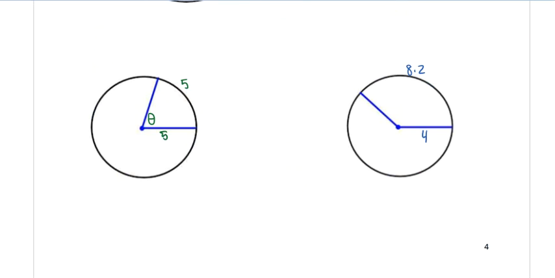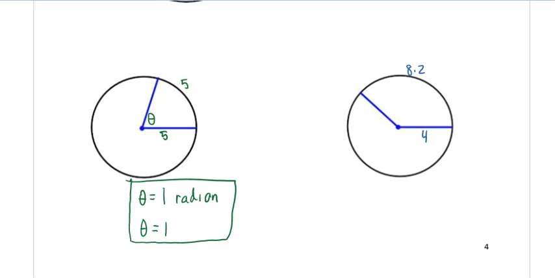So if I have an arc length of 5 on the top and a radius of 5, my theta is going to be 5 over 5, which simplifies to 1 radian. Now you can write the label radian, but sometimes mathematicians just write 1. That's why it's really important, when it's a degree measurement, to have the degree symbol, because if there's no symbol, it's implied that it's radians.